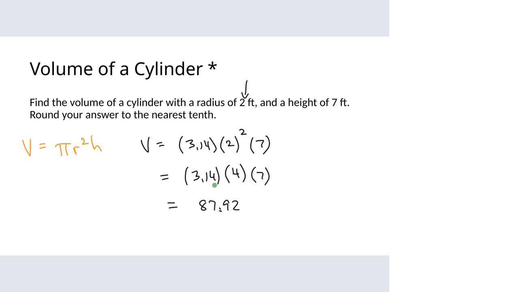Doesn't hurt to do a little rounding review a week before the exam. We're supposed to round to the nearest tenth, so we'll find the tenths place. We'll look one space to the right. Since that's 4 or lower, we'll round this down to 87.9.